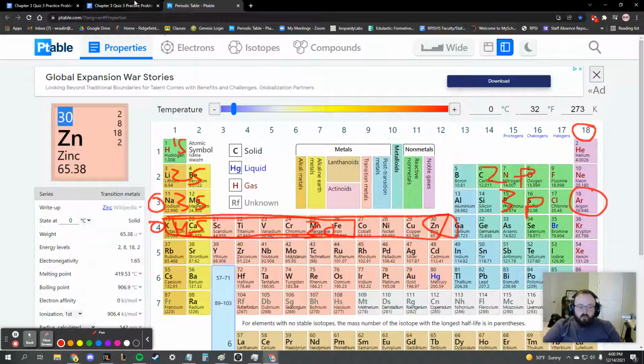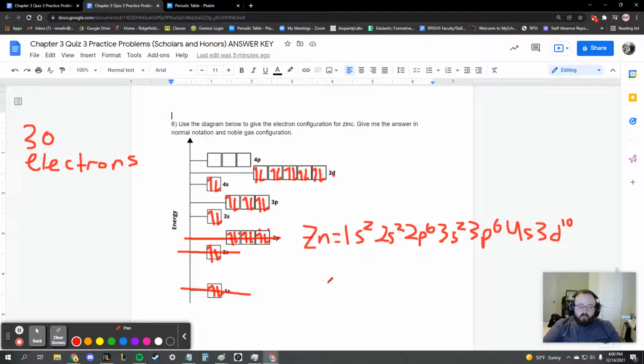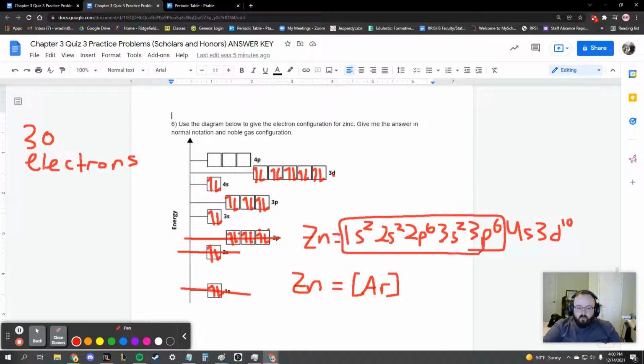So to do our electron configuration, we will do zinc equals, we put this in brackets, argon, which is anything up to 3p. This is the same as this.